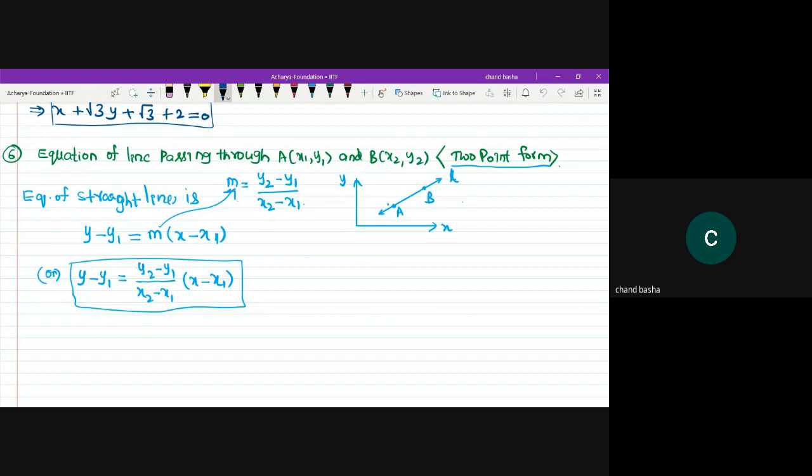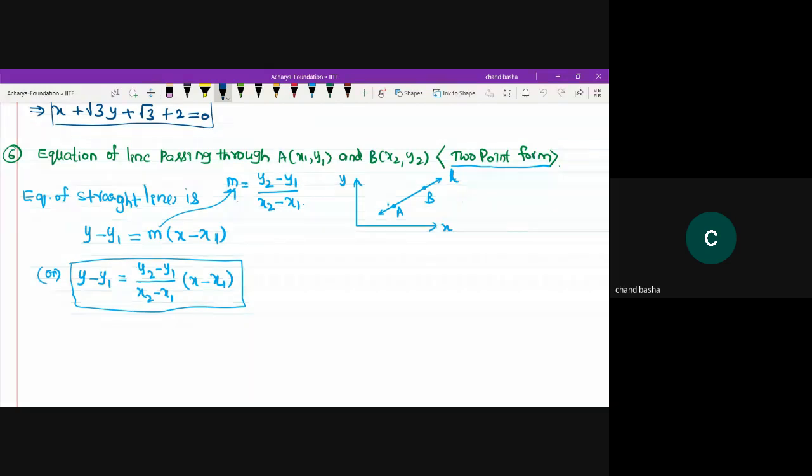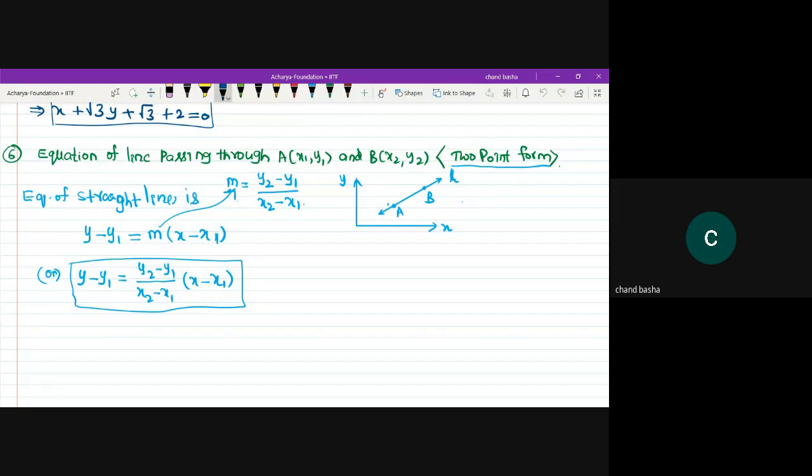And I know the formula for the slope of the line joining the 2 points. Clear? These are the points I discussed in the previous class.